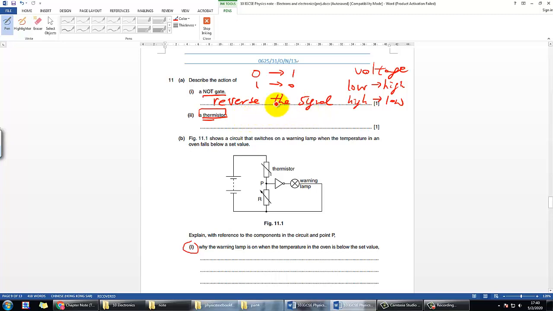So think about this for a normal wire: when temperature increases, the resistance increases because of the collisions from the electrons to the atoms. The atoms will vibrate faster, so it's harder for the electrons to go through.